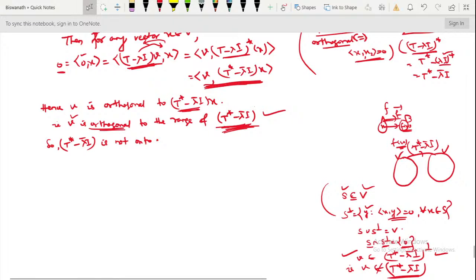And we are taking v as the eigenvector, and an eigenvector is always non-zero.